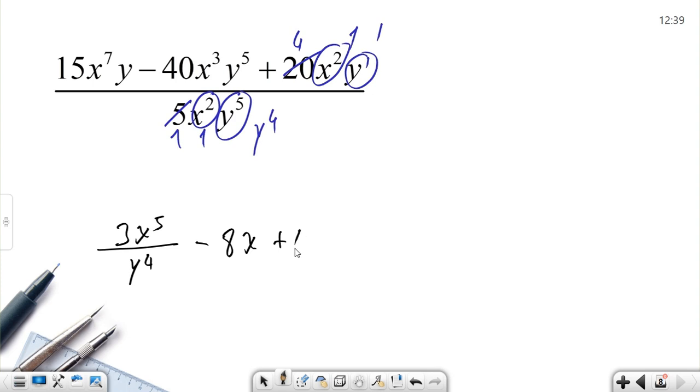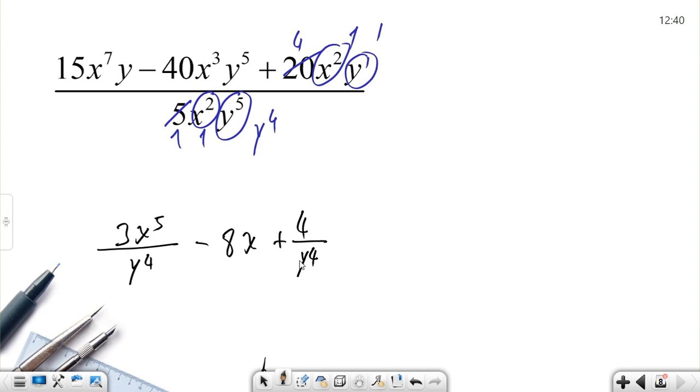So positive 4, don't forget, 1 times y to the power of 4 on the denominator. Let's move it a little up. We have a denominator here, 1 times y to the power of 4, it's 4 divided by y to the power of 4. So this is the simplest form.